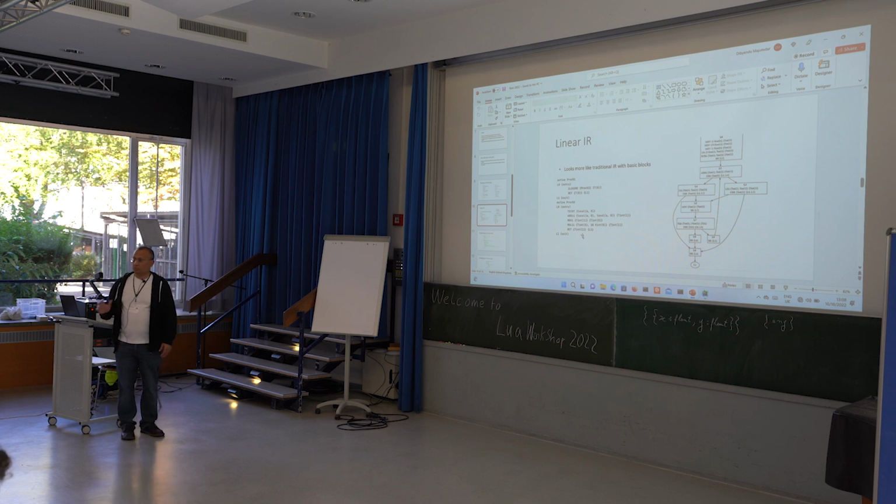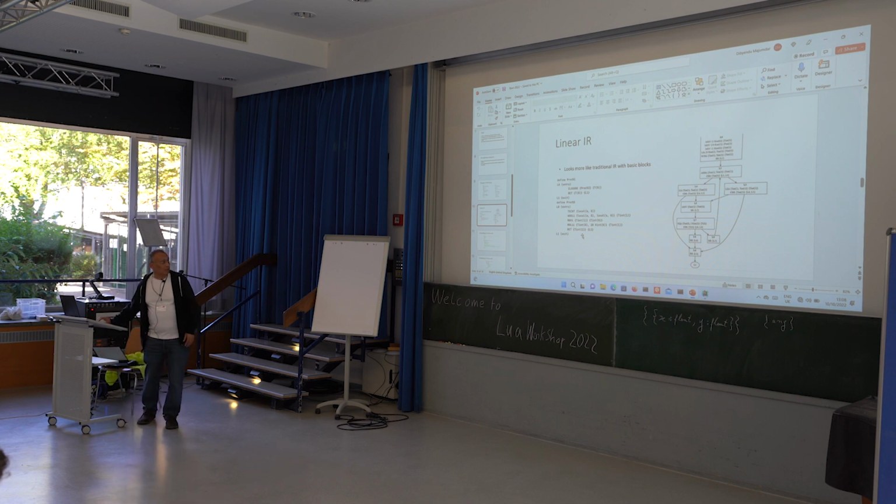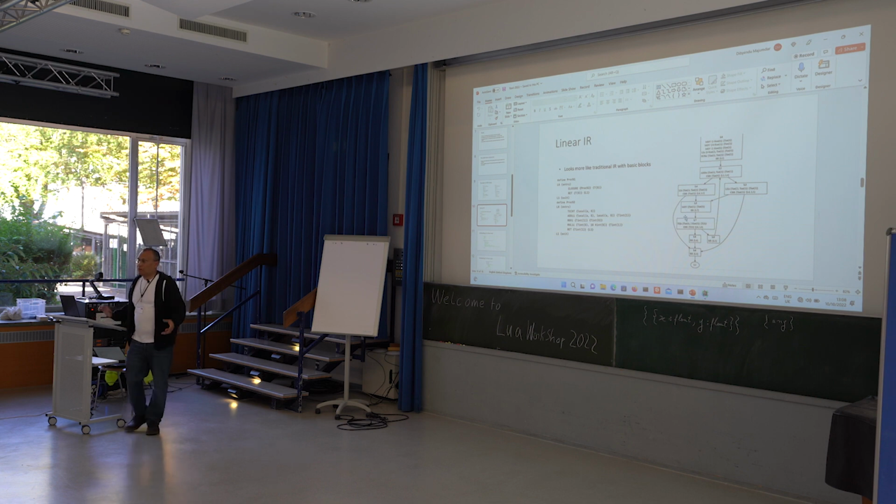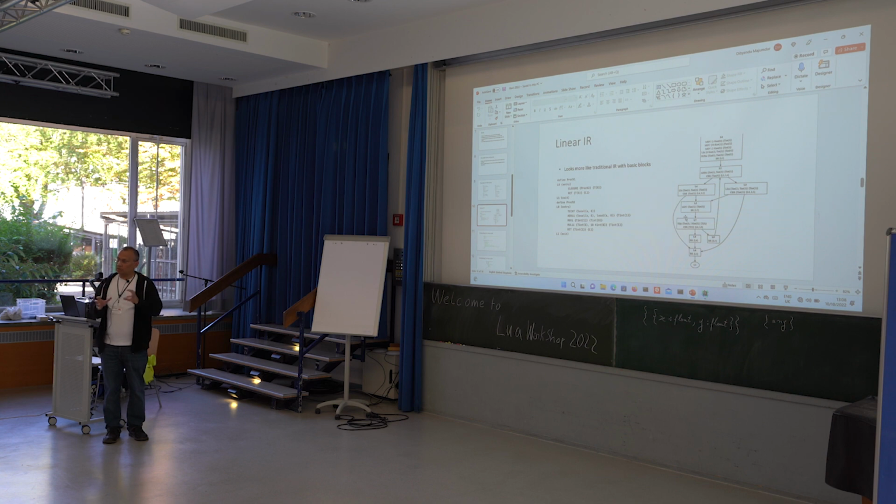So the linear IR is more traditional in the sense that you have basic blocks and conditional branches, and you have the CFG as well. So I also produce this graphical view in the dot format. People familiar with dot? So you can then visualize it and see what the flow looks like.